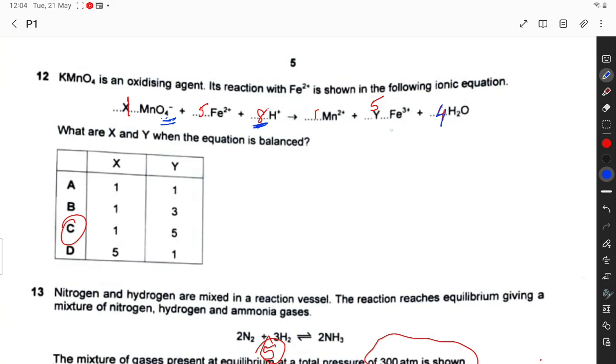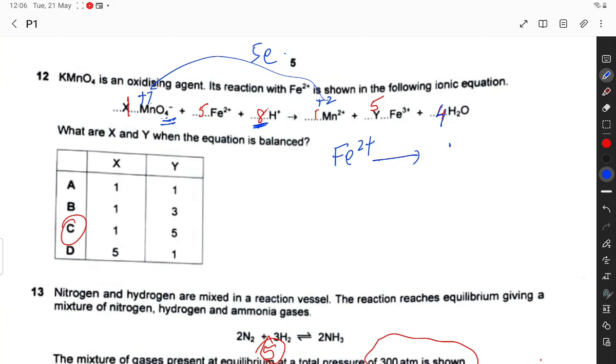And similarly, because iron 2. So we know that MnO4 over here is plus 7 and over here plus 2, the change in oxidation state is 5. So 5 electrons are there.